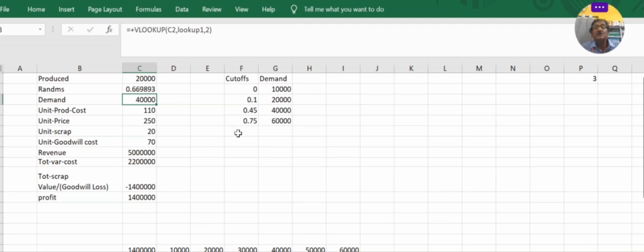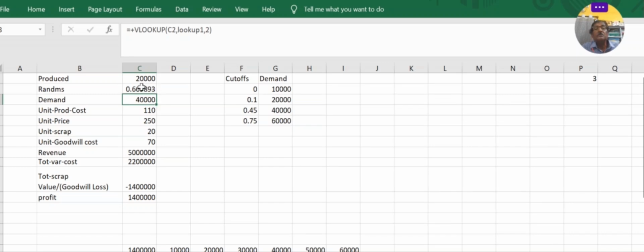Since 0.669 is more than 0.5 and less than 0.75, the demand will be 40,000. Production is 20,000 and demand is 40,000.